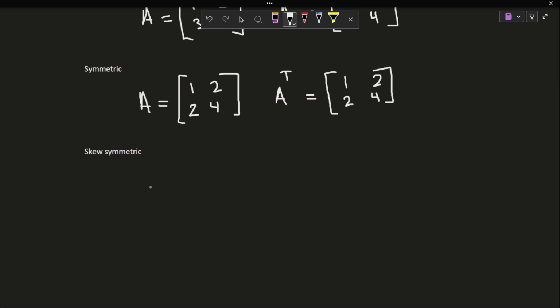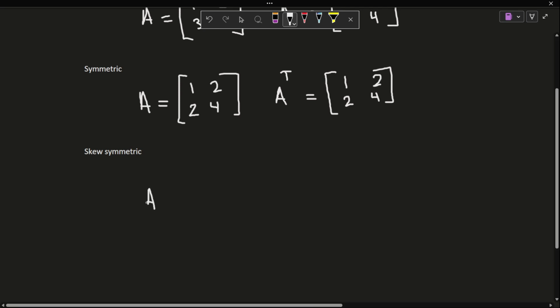And so what might that look like? Well, let's take a matrix like 0, 1, -1, 0. And let's take the transpose of this. So A transpose is going to equal, so let's take a look at this. First row becomes our first column, second row becomes our second column, 0, -1, 1, 0.